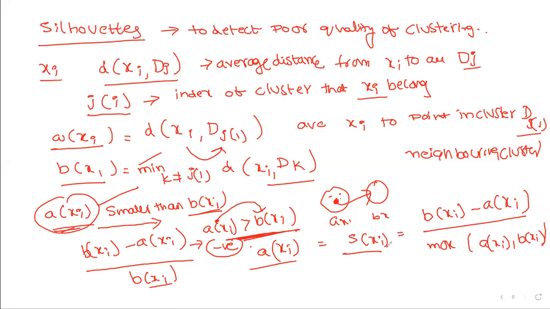Based on this silhouette, sort the values, whatever values we are getting, and plot a graph. Plot a graph for each instance, cluster by cluster. After drawing the graph, the sum of squared error, which we call SSE, is to be minimized.